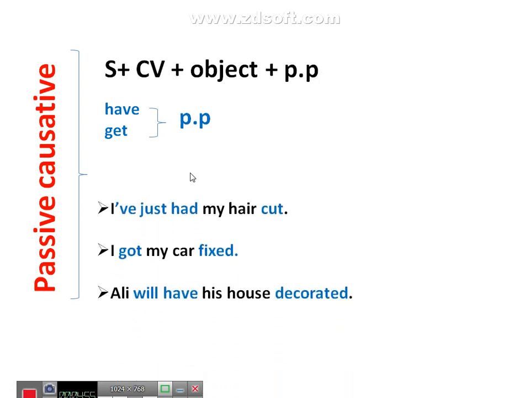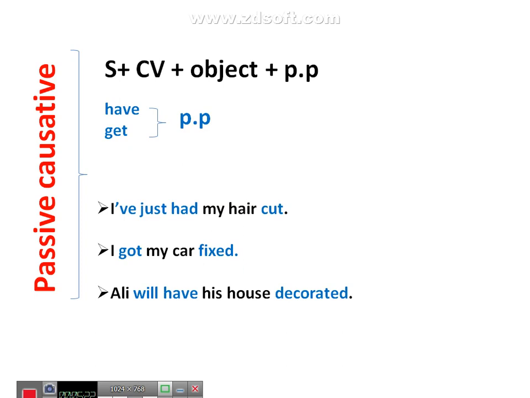Let's study these examples. I have just had my hair cut. Here, have just had is the causative verb in the present perfect tense, my hair is the object, and cut is the past participle of cut. Cut present, cut past participle.